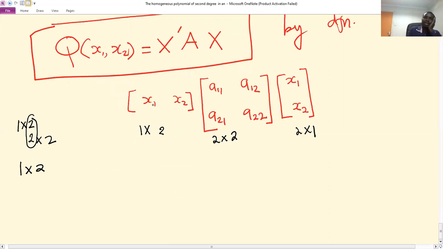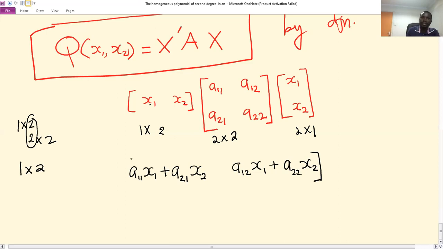So we'll have x1 times a11 giving a11 x1, x2 times a21 giving a21 x2, and then x1 times a12 giving a12 x1, and x2 times a22 giving a22 x2.